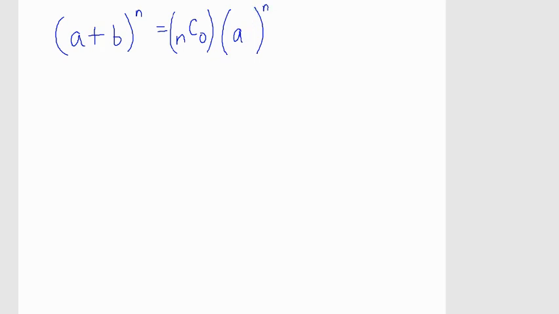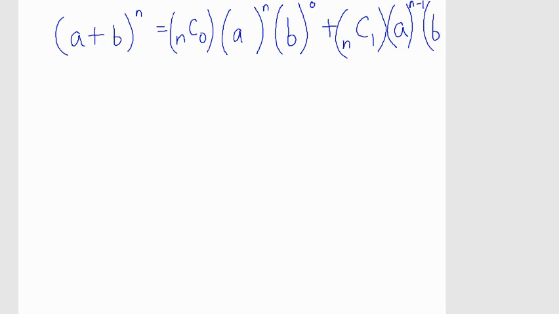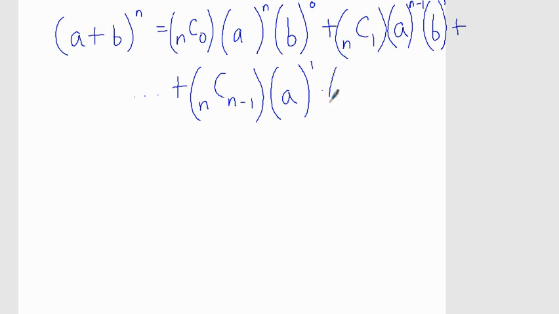a to the n times b to the 0, okay, plus n choose 1 times a to the n minus 1 times b to the 1, plus, and I'll continue down here, dot, dot, dot, plus n choose n minus 1 times a to the power of 1 times b to the power of n minus 1.